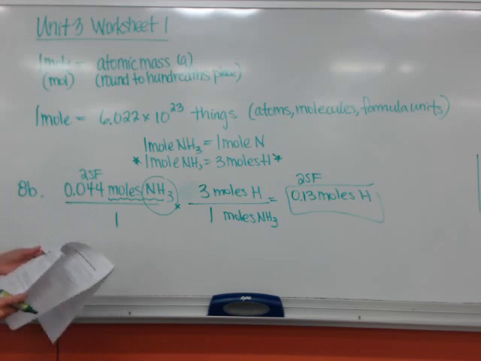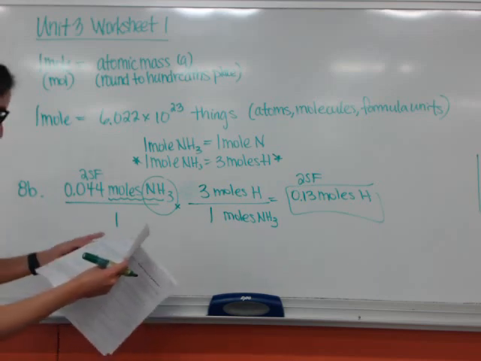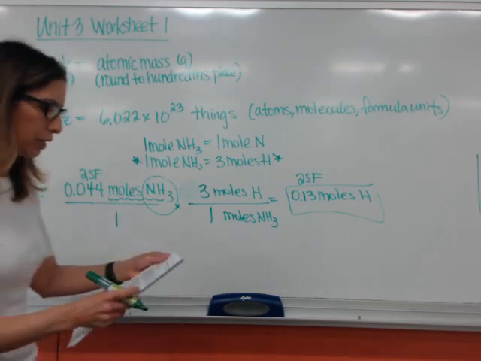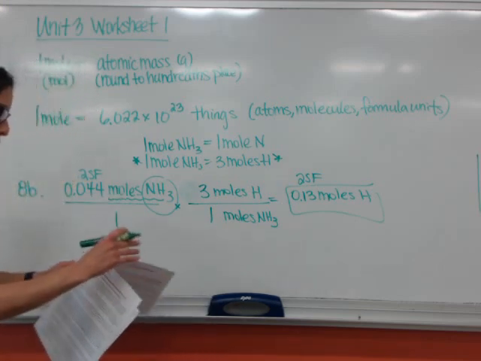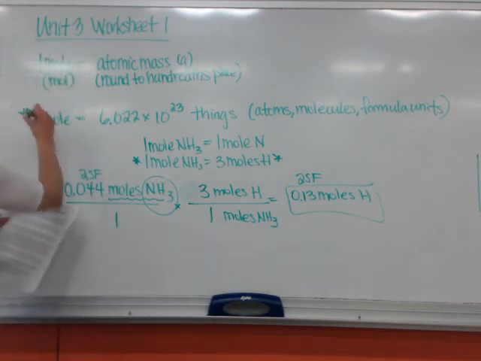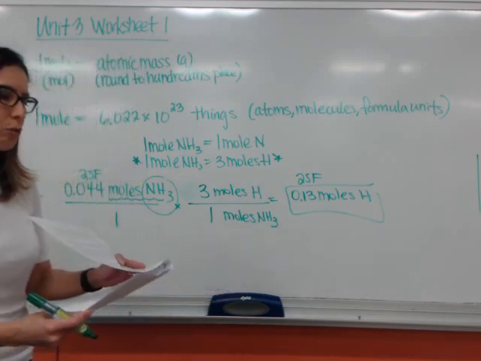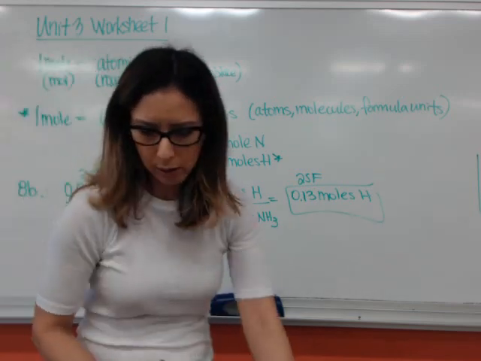You're also going to do number 10 and number 11 for homework, and you can check your answers on the last page. Okay? You want to read Unit 3, Reading 1, the origin of the mole concept. And I jumped the gun a little bit. We're not using this yet, but we will get there. So when you do Unit 3, Reading 2, how is Avogadro's number determined? That is when this will appear.